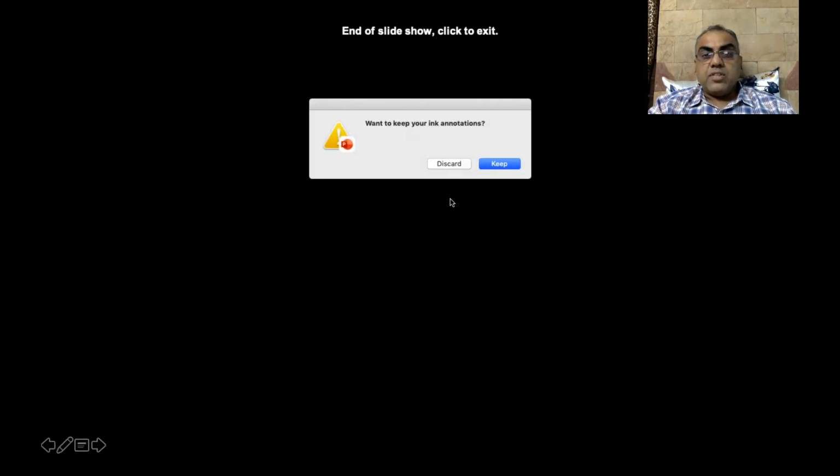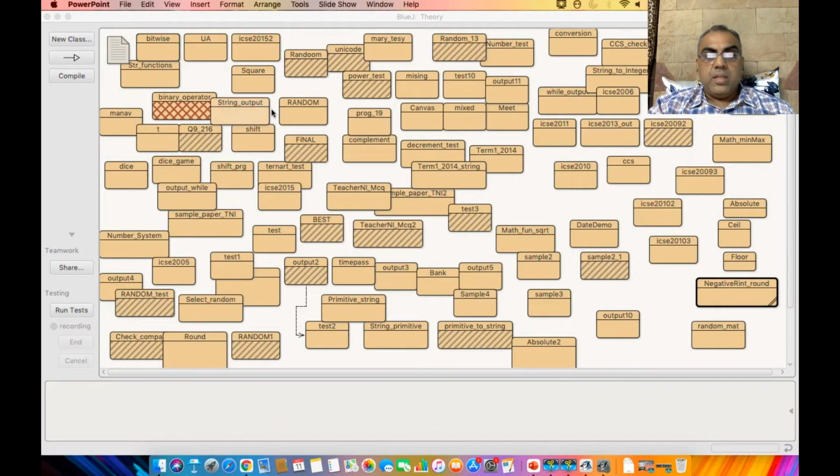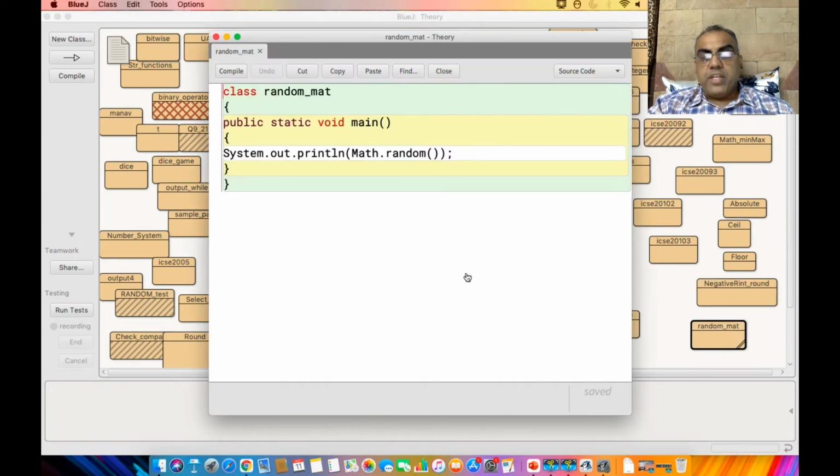Then the next and the last function that you have here, for which I don't need any PowerPoint now, is your random function. A very tricky, very good and very important function, used in many programs which have a gaming concept, where something should take place randomly.